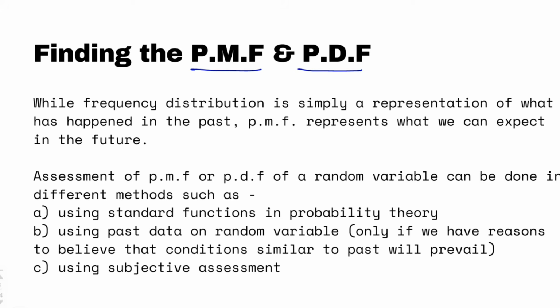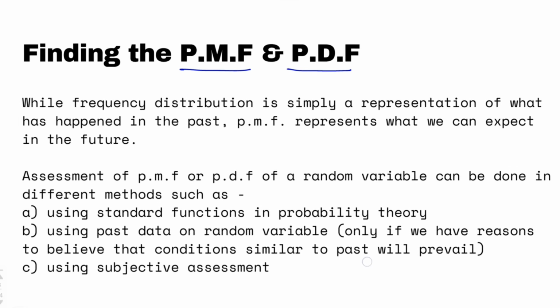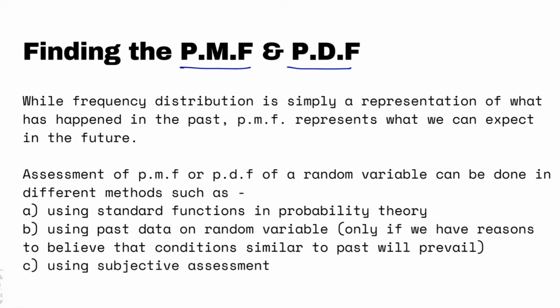Okay, so we can assess the PMF or PDF of a particular random variable in different methods. For example, we can use a standard function, or we can use the past data. When we use past data, we should make sure that conditions similar to what was there in the past would prevail now also. And we can use subjective assessment. So these 3 methods come directly linked to the kind of probability we are assigning, right?